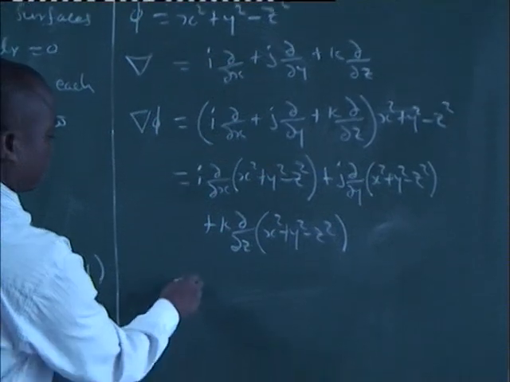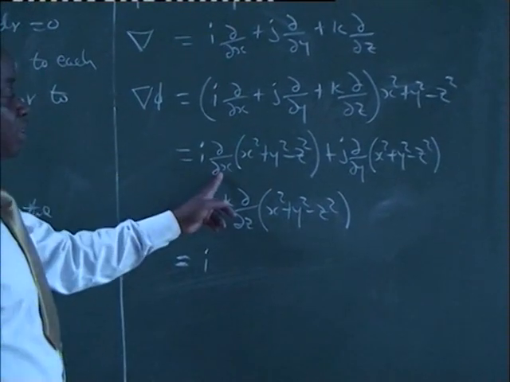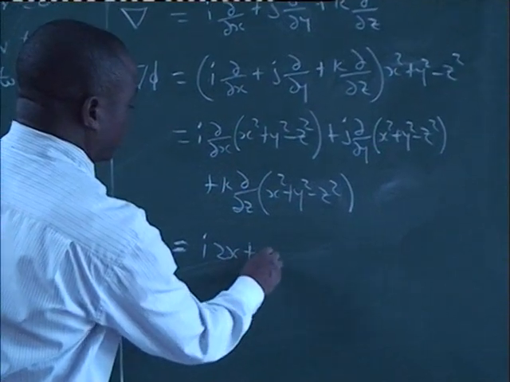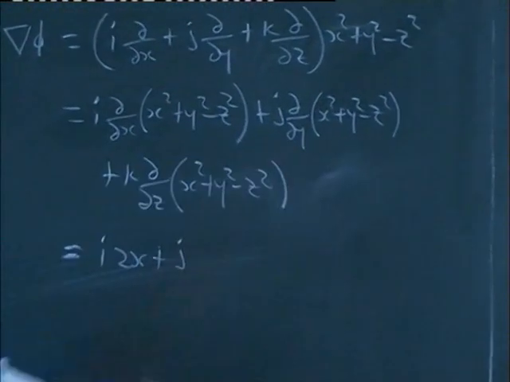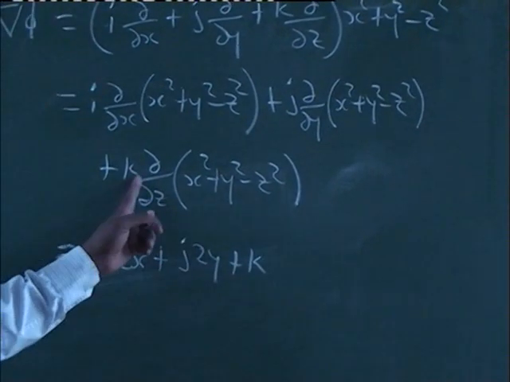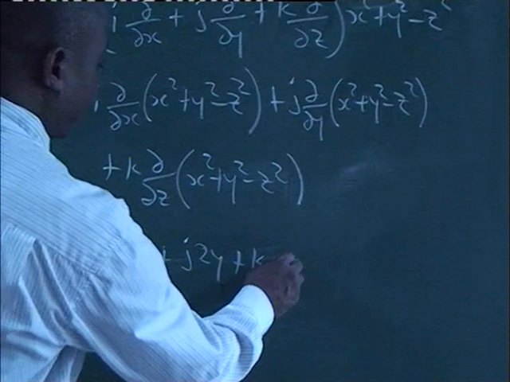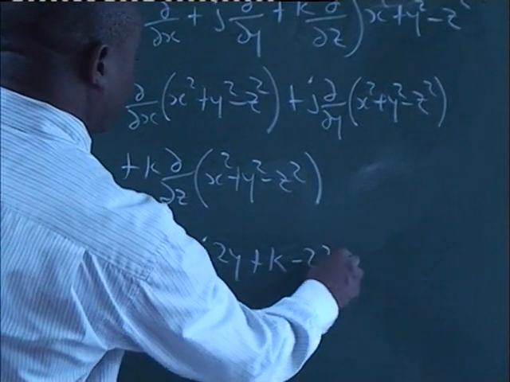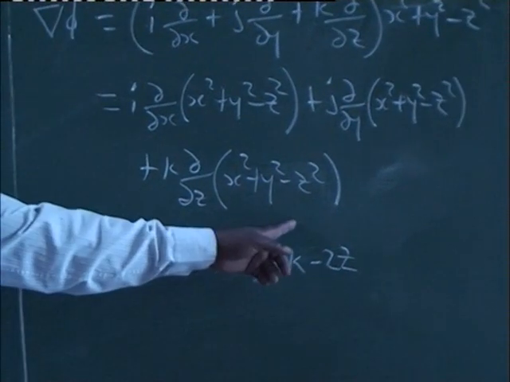Now this is the same thing as i times, differentiating with respect to x, 2x, plus j times, differentiating with respect to y, 2y, plus k times, differentiating with respect to z, minus 2z.